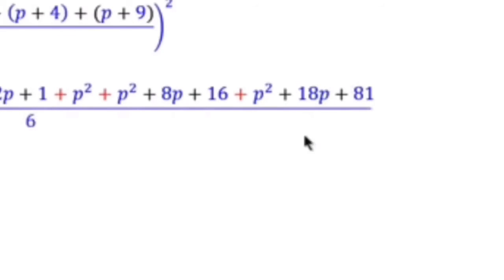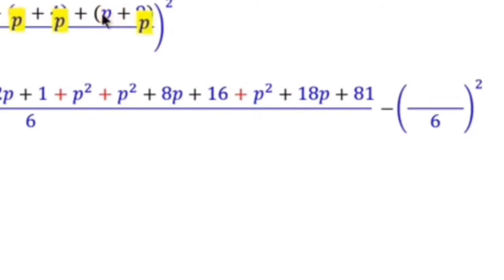So over 6, this is the sum of all the data. You need to simplify first, and then it is the summation of data over 6, squared. So now we need to simplify the total number of p. We take the p and simplify.